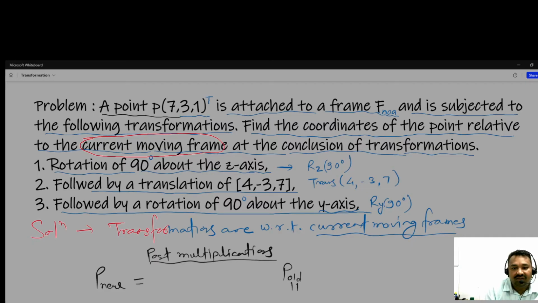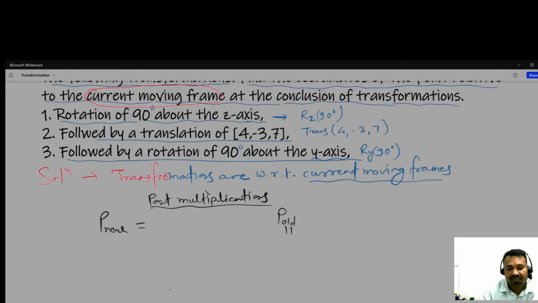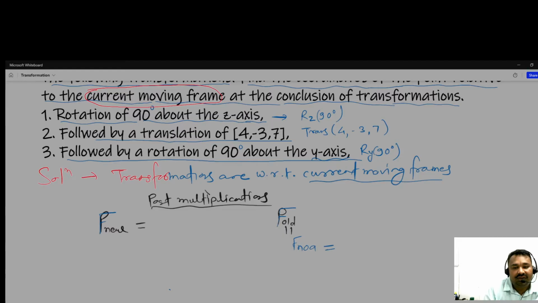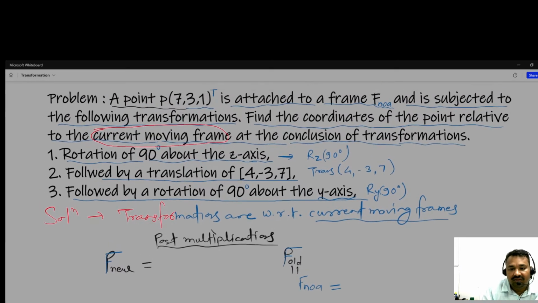It is better to write it in the form of F new, so replace P by F. F means the new frame, and F old is F NOA, which is given in transpose form: 7 3 1 transposed.